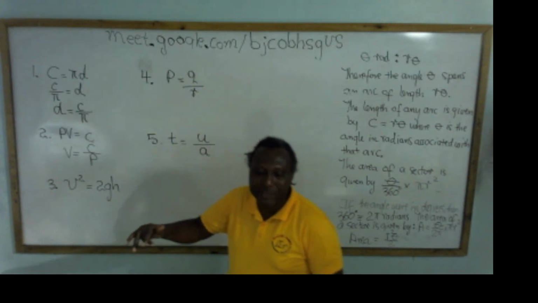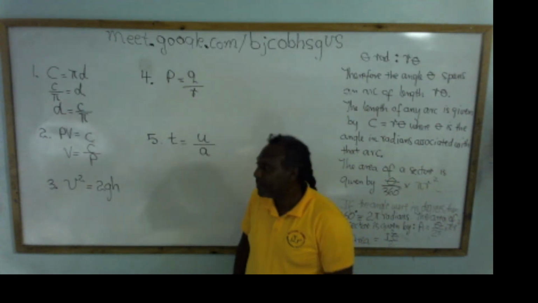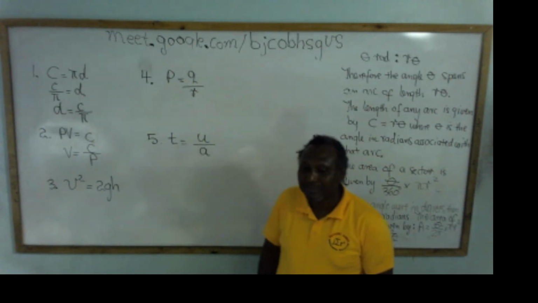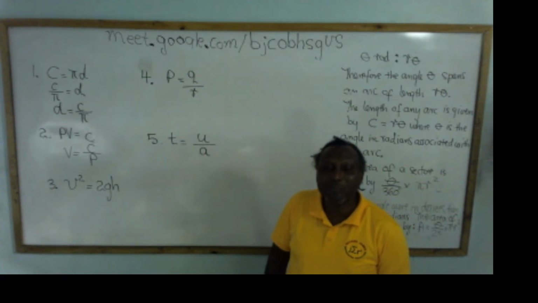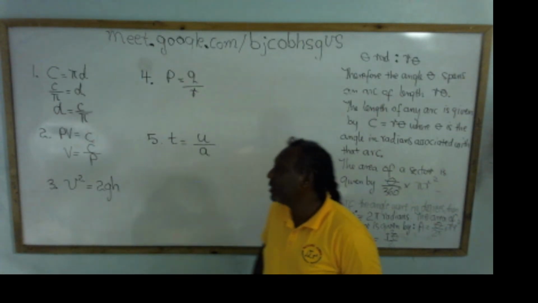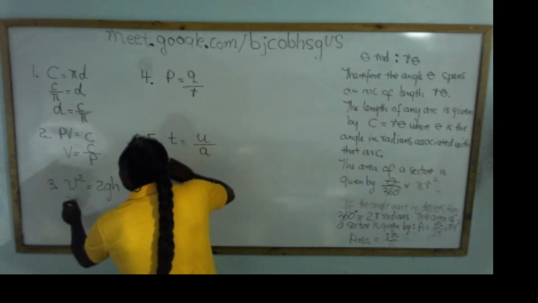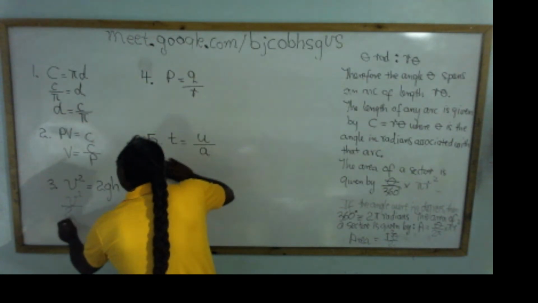We will eliminate the 2G by dividing by 2G. And so we need to balance the equation by dividing by 2G on the other side also. So when we divide both sides by 2G, we'll have V squared over 2G right there.